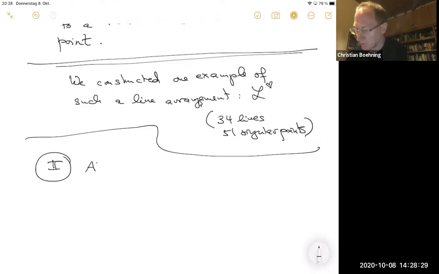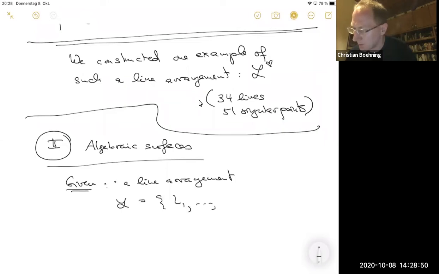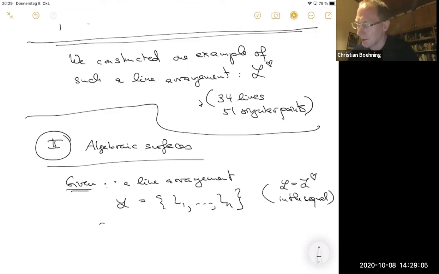surface from it. So this is part 2 about algebraic surfaces. What I do is, of course, the obvious thing. I now assume I'm given a line arrangement L, having lines say L1 up to Ln, and L will be this L hard always in the sequel, and it has singular points P1 up to Pm.